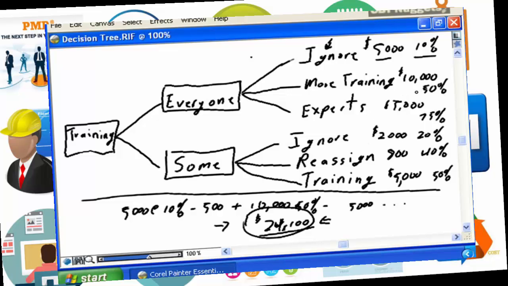After more training, we may need to still provide additional training or provide additional time to some team members to come up to speed. So this number of 24,100 is based on the realization that we may need to take some or all of these actions as a result of inadequate training.